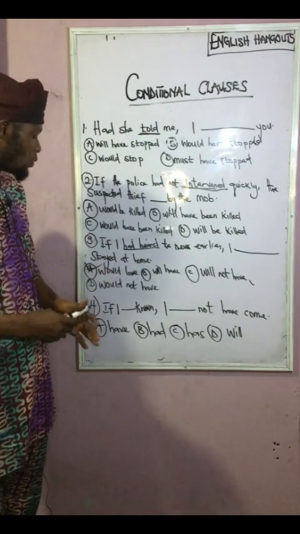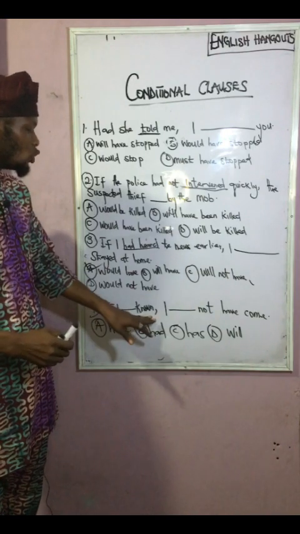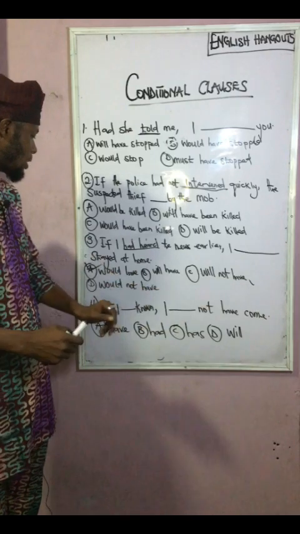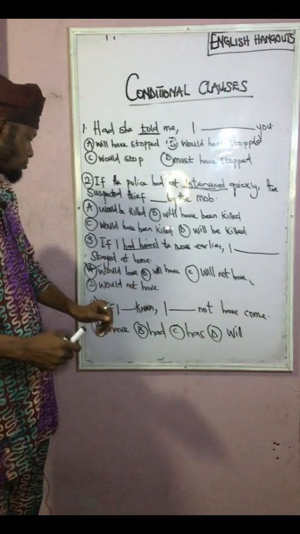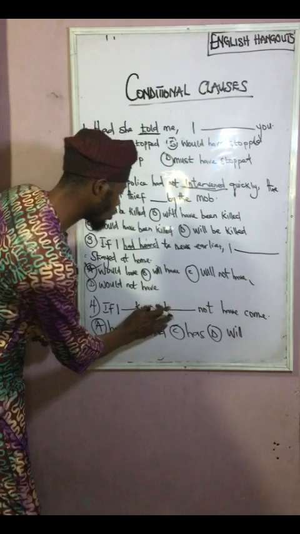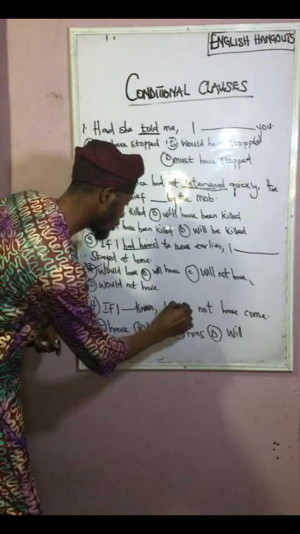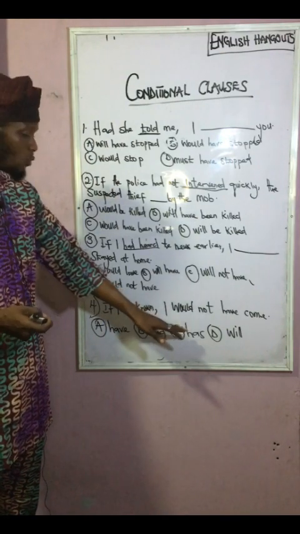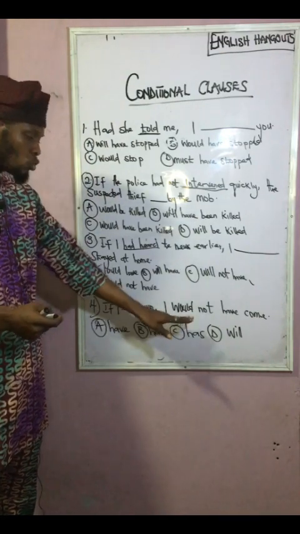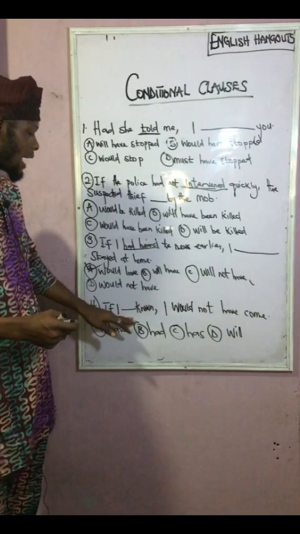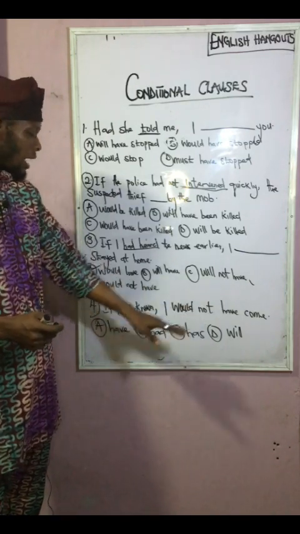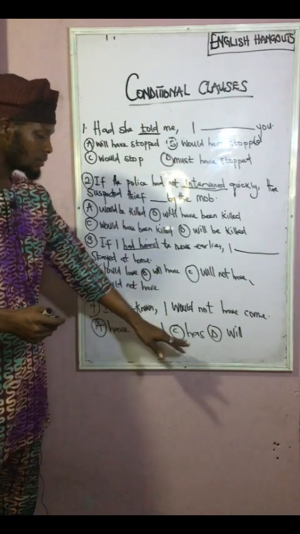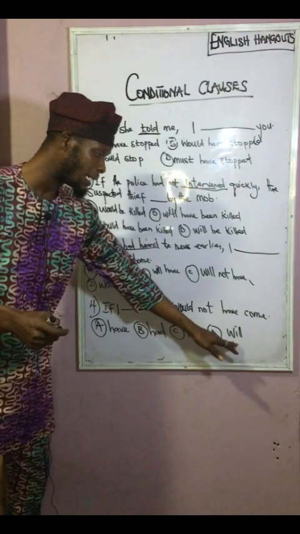And finally, we have if I dash known, I dash not have come. There is something wrong with this expression. Many a time it is only one verb that you will be asked to look for, not the two verbs. If I dash known, I would not have come. Have, had, has, and will.